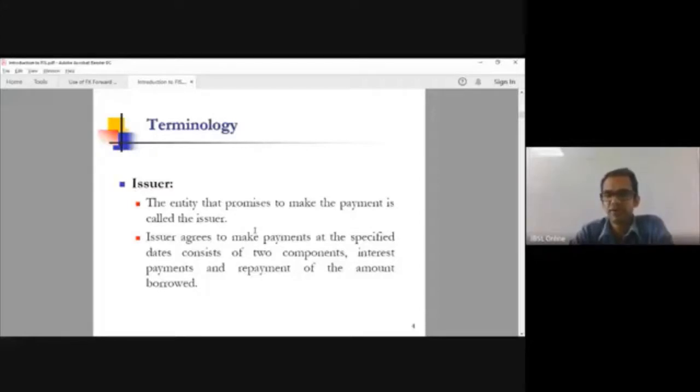The entity who borrows money, we call them issuer. That issuer agrees to or promises to pay payments at regular intervals. The party who agrees or promises to pay those regular payments is called the issuer. The issuer uses this product to borrow money initially.